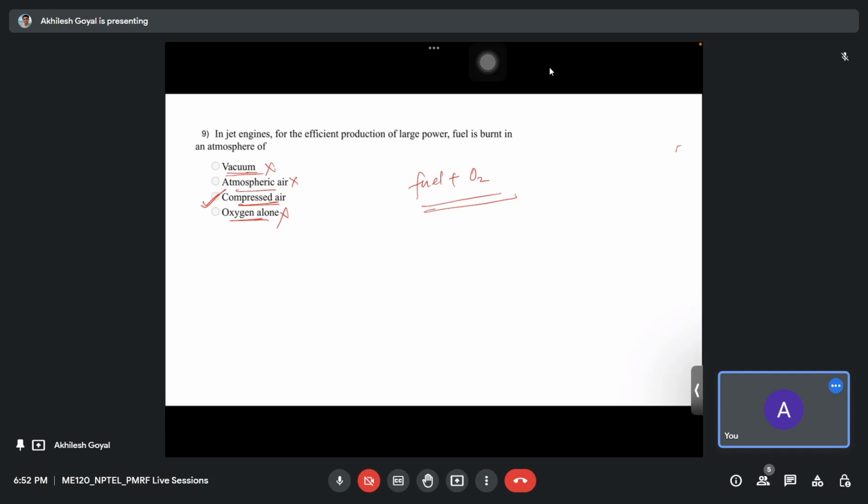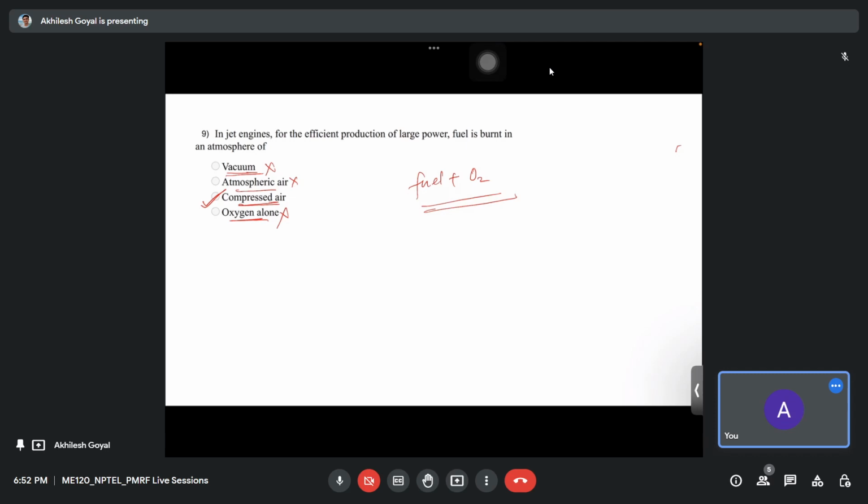Consider an example like an aircraft. The aircraft is moving through the air, and what means can you use to provide pure oxygen to the jet engine? That cannot be provided anyway.